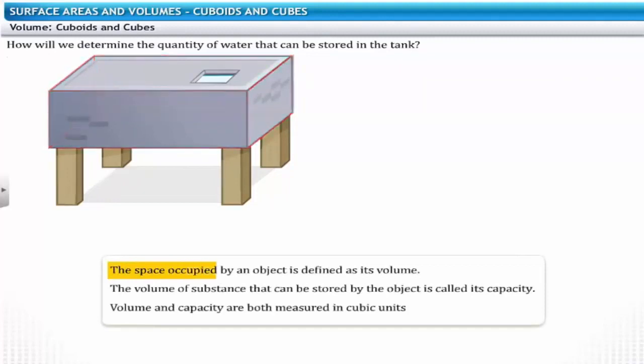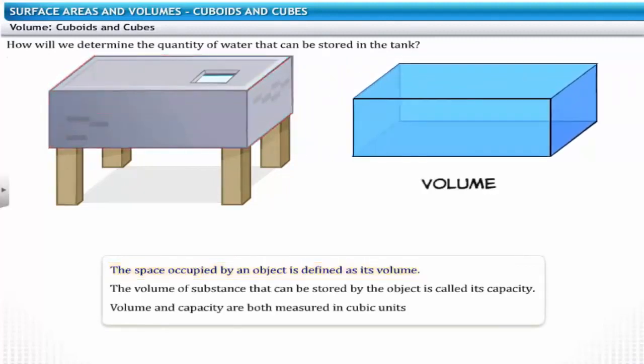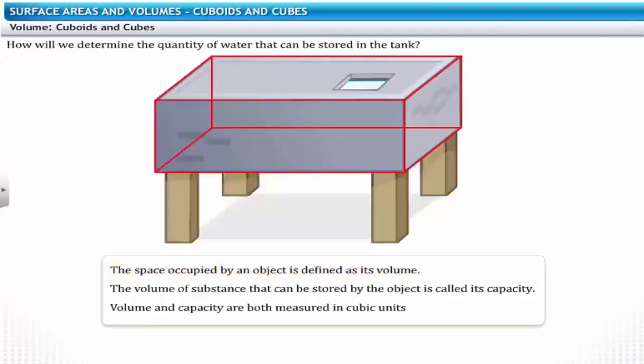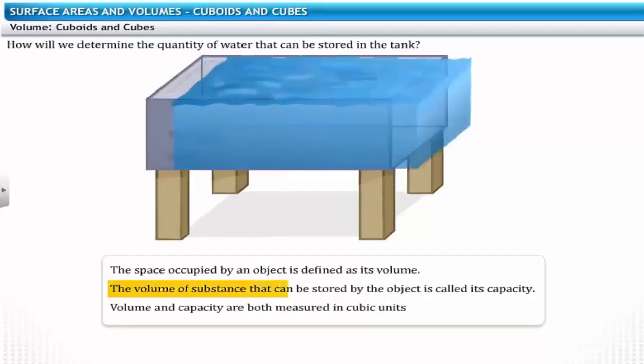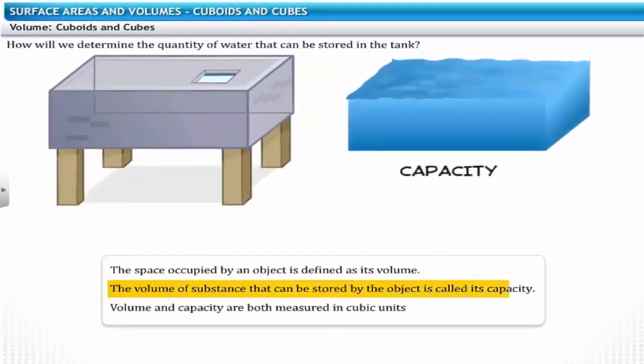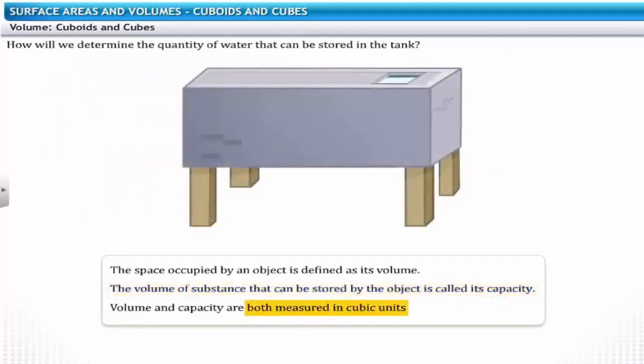The space occupied by an object is defined as its volume. Now, if the object is hollow, its inner space is empty. The empty space can be occupied by air or it can hold some liquid. The volume of substance that can be stored by the object is called its capacity. Both are measured in cubic units.